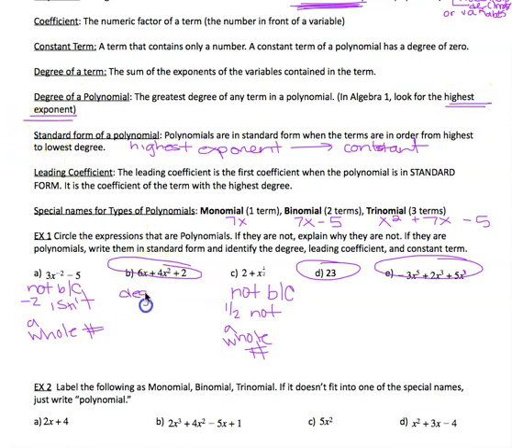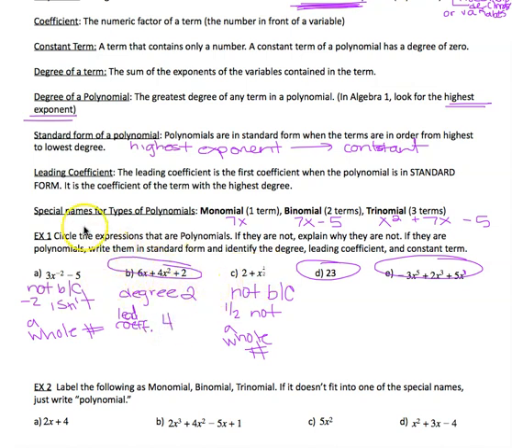So, in this polynomial, the exponents are 1, 2, and 0. So, 2 is the highest, so it's degree 2. The leading coefficient, remember, is the coefficient of the highest exponent term. So if the highest exponent was 2, the coefficient of that term is my leading coefficient, which is 4.